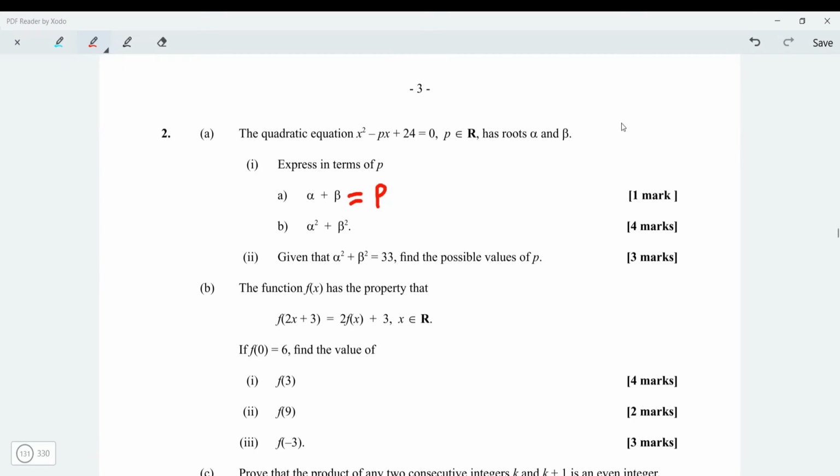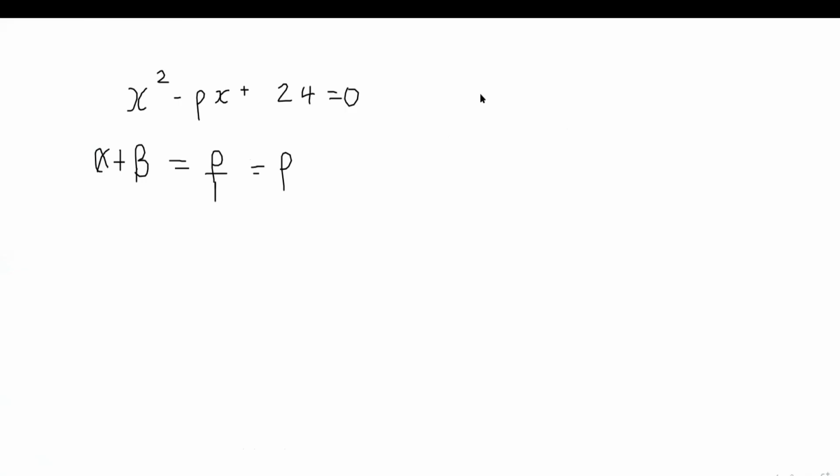Yes, sir. Now the next part asks us for alpha squared plus beta squared. I find that persons always find it difficult to remember the formula for alpha squared plus beta squared. So again, I'm just going to show you where it stems from. Marika, if they want alpha squared plus beta squared, let's say we don't know how to find that. It stems from this formula.